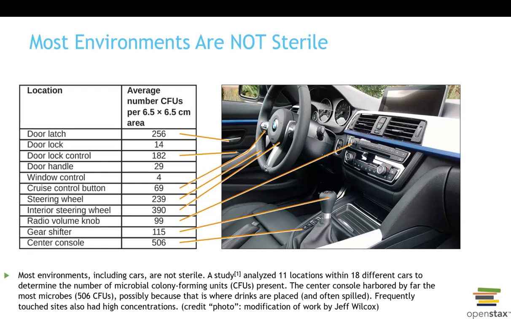These are the number of CFUs, colony forming units, of the bacteria that you can find in different parts of the car. I thought this is interesting for you, that we are dealing with microbes everywhere, and so it's very important to know how to control the number of these microorganisms and to prevent the spread of diseases.